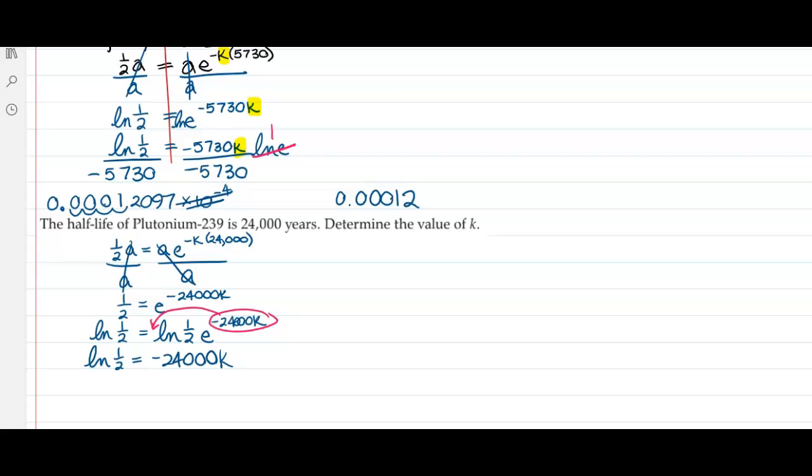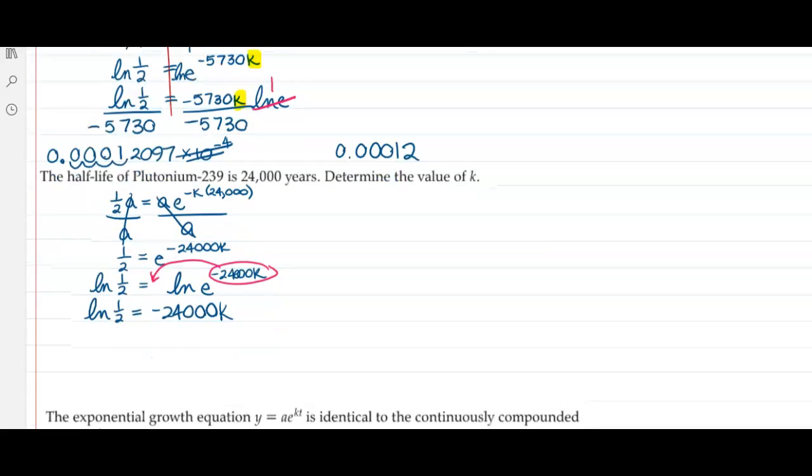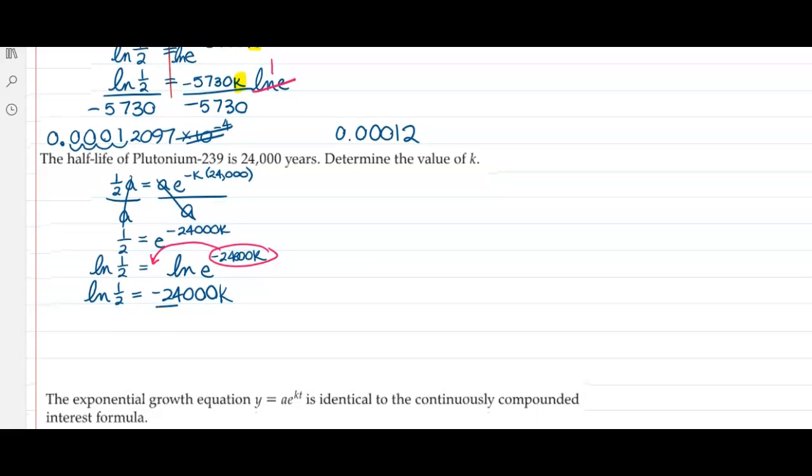Oh, you know what I just realized? I put an extra half in there that I did not need. My eyes must have been looking at the left side. It's just the natural log of e, not 1/2 e. I apologize for any confusion. Divided by negative 24,000.